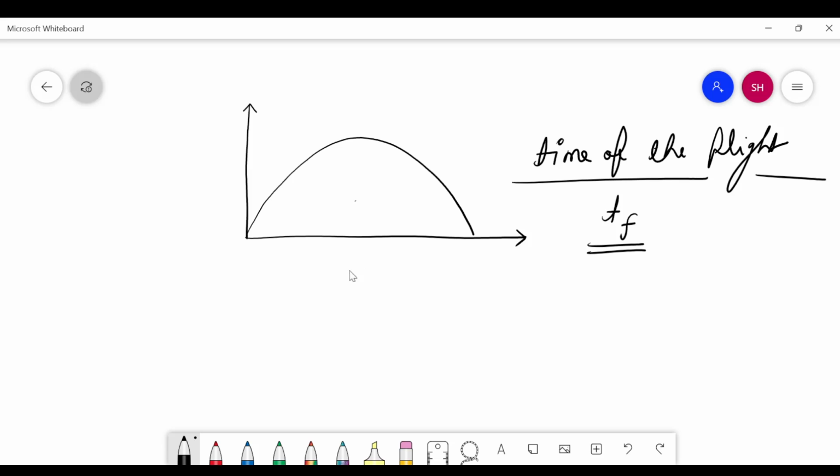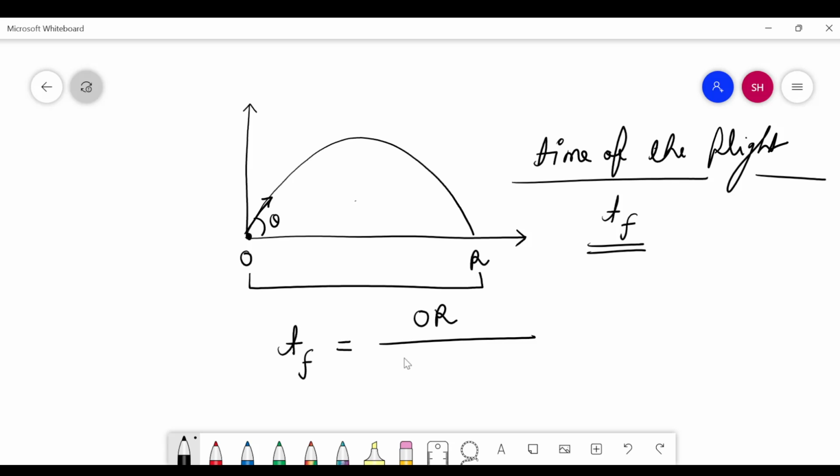So to measure this, we have our range OR. If we know our u and theta and OR, then the time of the flight can be given as OR, the distance in the x direction, divided by u cos theta, because this is the velocity in the x direction.